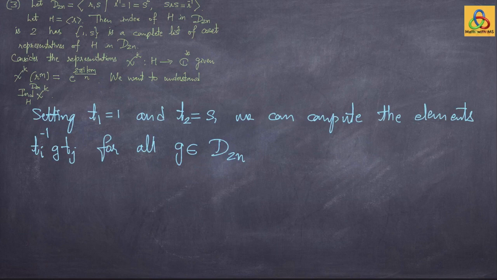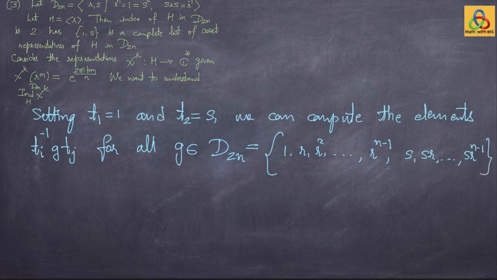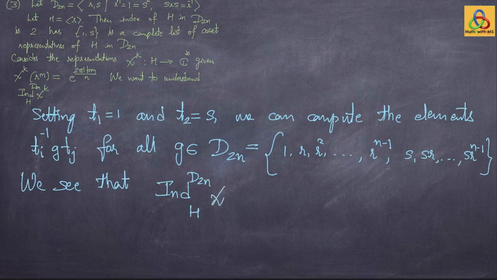Recall that D2n as a set is just 1, R, R square, and so on up to R to the power n minus 1, and then S, SR, and so on up to S R to the power n minus 1. By hand you can compute it, and then we see the induction of chi k from the subgroup H to the group D2n at a group element of the form R to the power m, by definition.